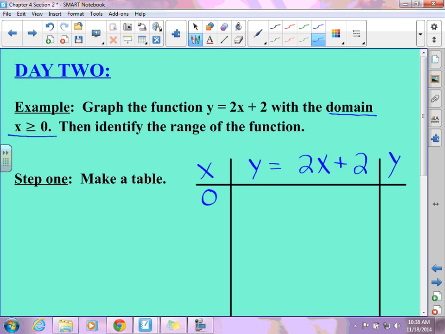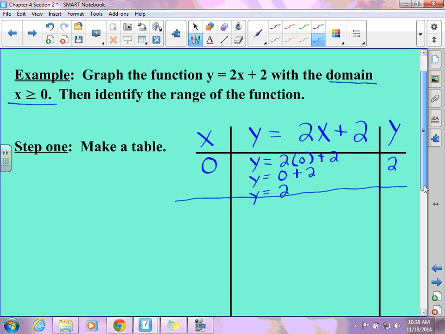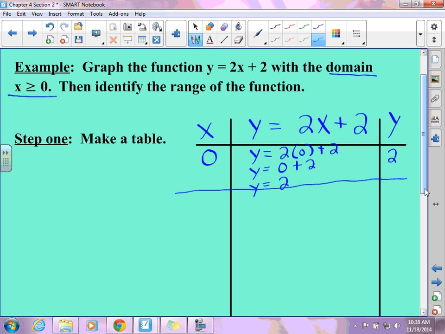So now what I'm going to do is I'm going to show my work in my table. So y equals 2 times 0 plus 2. And I'm going to use my algebra magic. And I'm going to draw my line. Right? So that's nothing new. You've done that before. Now, take a look at the domain. Notice it's an inequality.